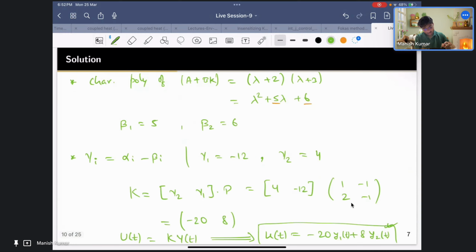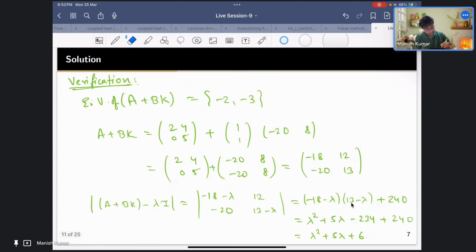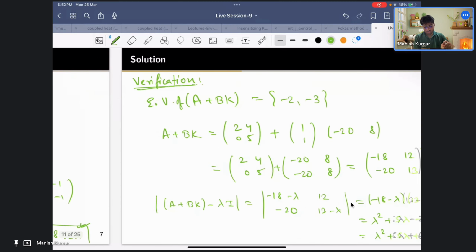And this is what we got here. So this I can write as lambda plus 2 times lambda plus 3. Okay, and hence it verifies the thing, right? So this is the process.